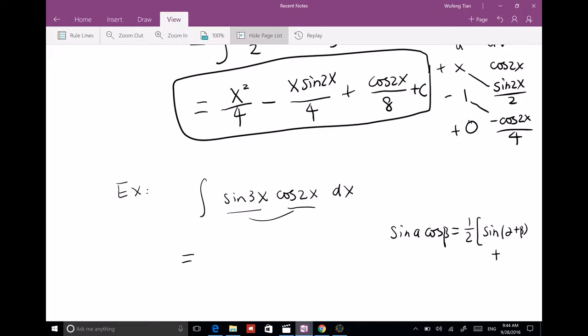Just to give you a maybe longer way to write it. Okay. So sine alpha cosine beta equals half of, sine cosine is sine plus sine. So half of sine alpha plus beta plus sine alpha minus beta.